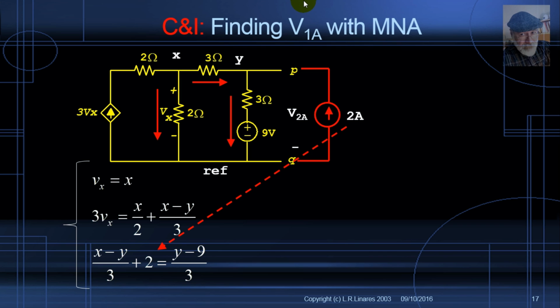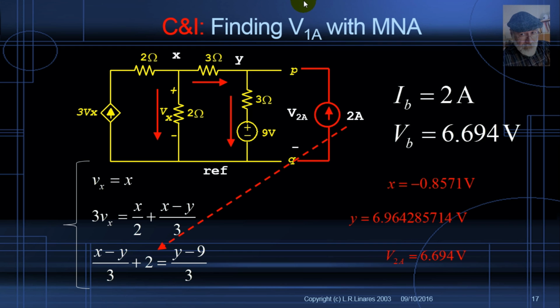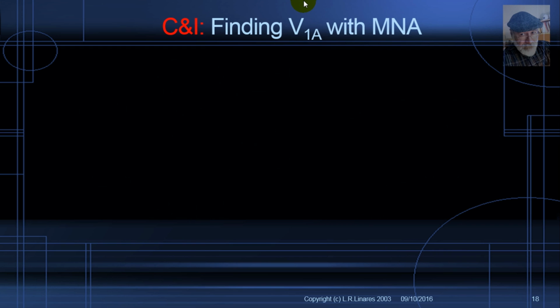Current entering to node Y, to the second node. Solve and find that the voltage that appears in the 2 amps current source is 6.694 volts. That is VB. IB 2 amps, VB 6.694. We have now 2 equations and 2 unknowns.